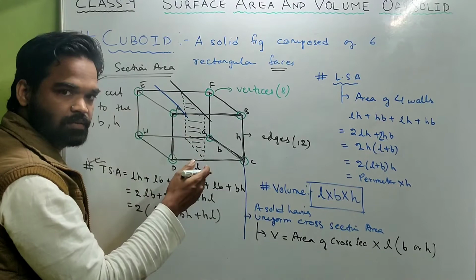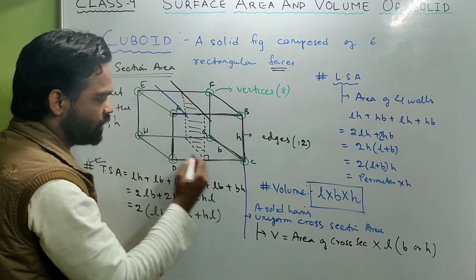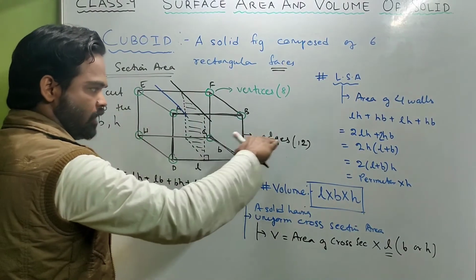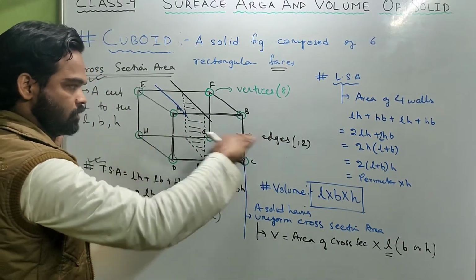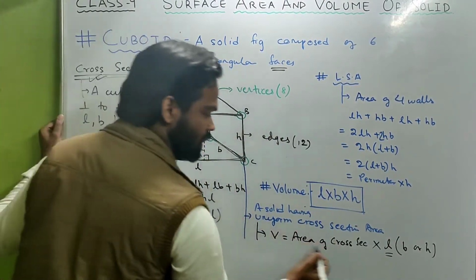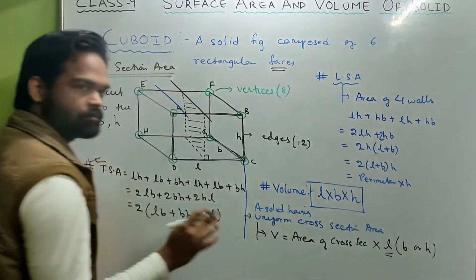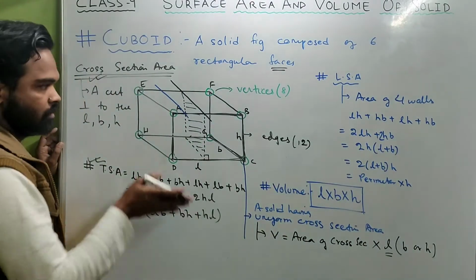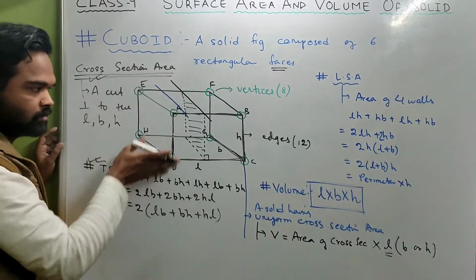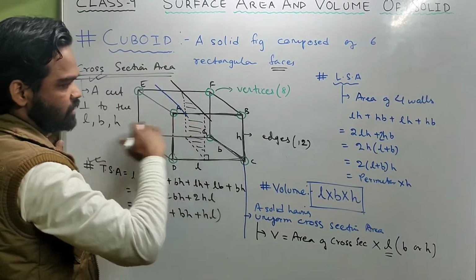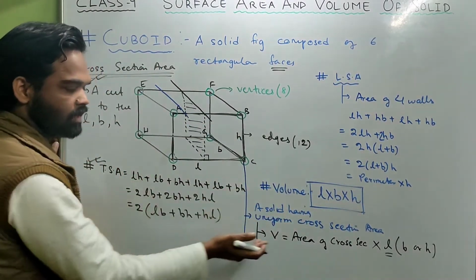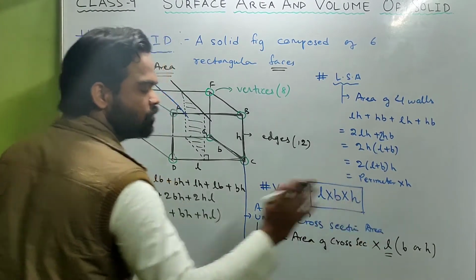Suppose in this case the cut is made perpendicular to the length, so it will be length. If you make a cut perpendicular to the height, then area of cross section into height. Perpendicular to the breadth, like this. Sorry, breadth will be this, height will be this. Okay, perpendicular to the breadth, it will be area of cross section into breadth.